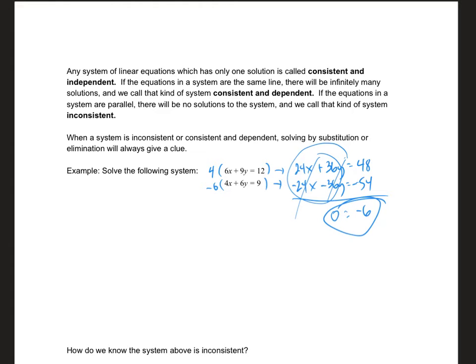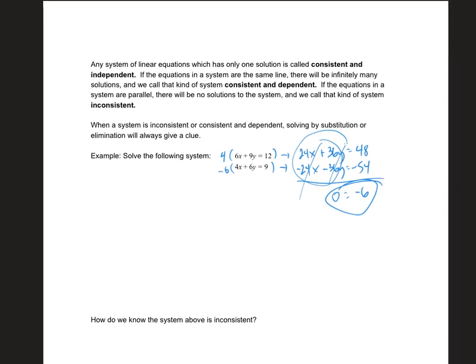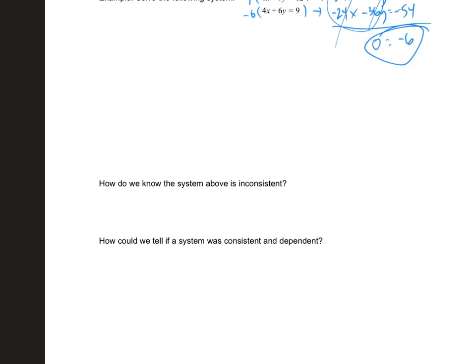Now, the way you can tell the difference between those is if all your variables go away and your resulting statement is not true, like this one, 0 does not equal -6, then that means the system is inconsistent.